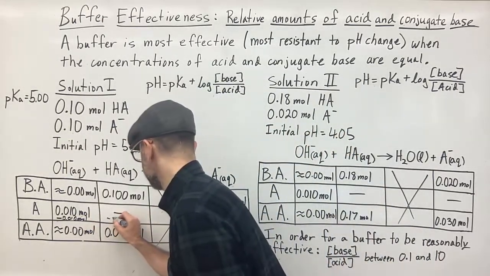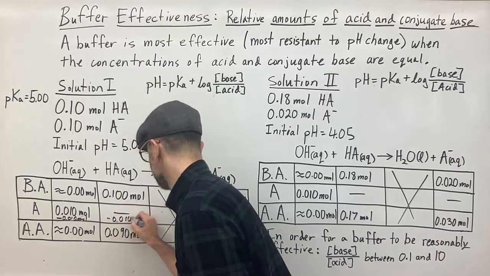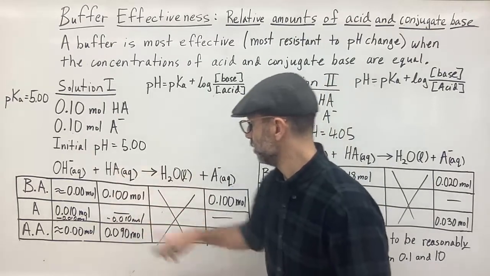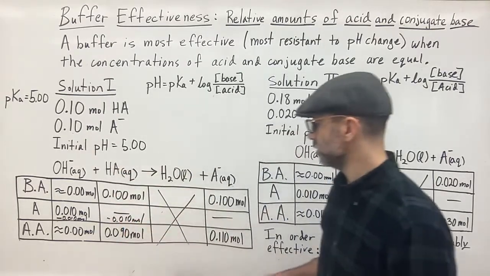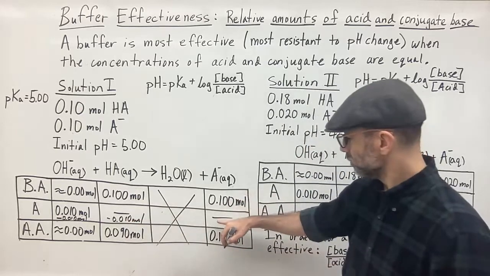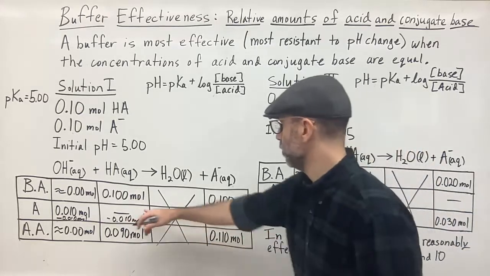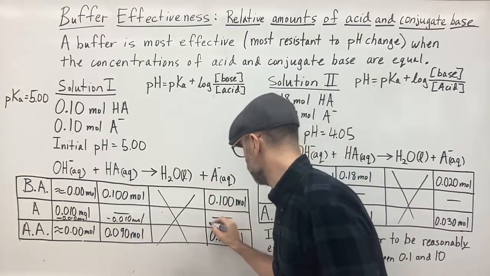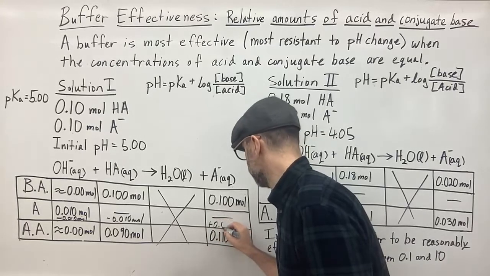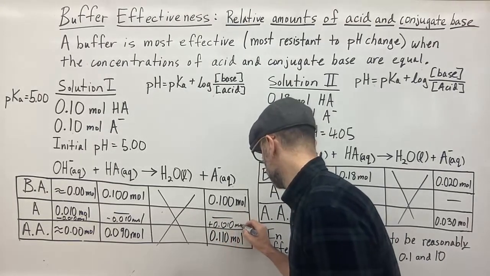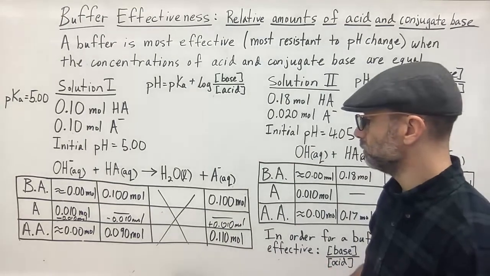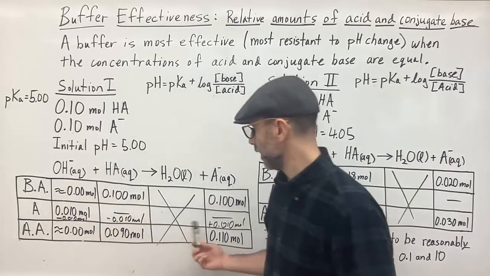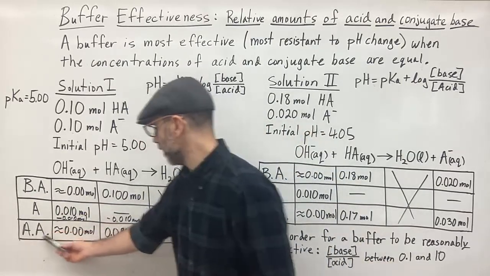So we subtract 0.010 moles here, so this is going to decrease by 0.01 moles. And this is going to be gained, so we're adding the same amount, since it's a 1-to-1 ratio. We'd be adding 0.010 moles. It's kind of like an ICF table: we have our initial, our change, and then our final amounts.